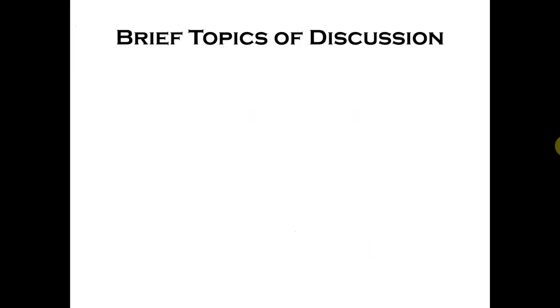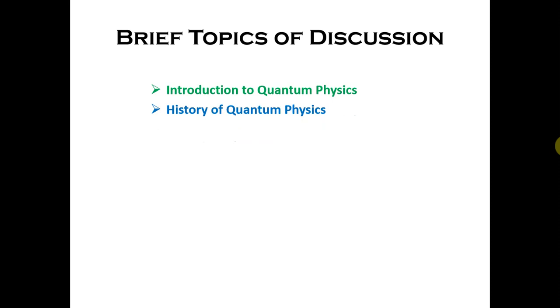Let us first see the topics of our discussion briefly. First we will be discussing the introduction to quantum physics, then the history of quantum physics, that means how the subject has evolved.